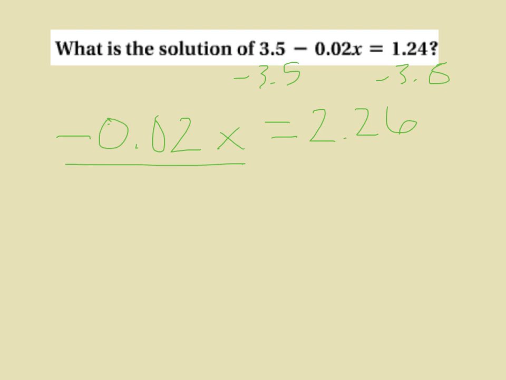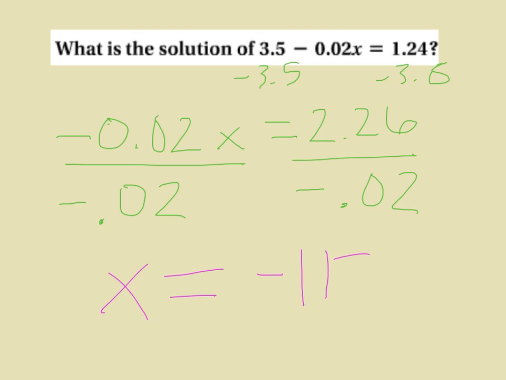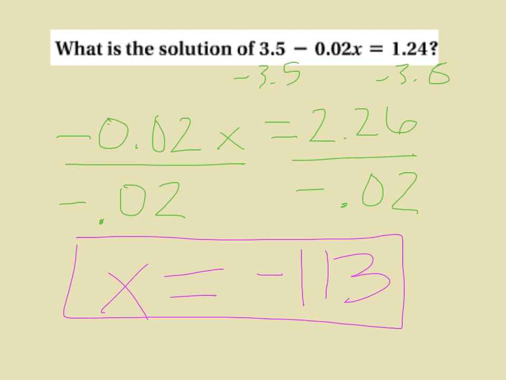And then I'm going to divide by negative 0.02. So I divide on the other side by negative 0.02. So x will be equal to negative 113. And that would be my final answer.